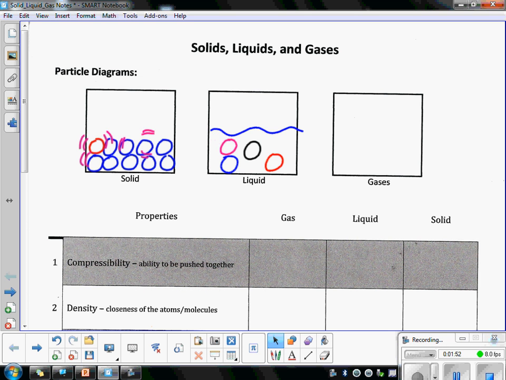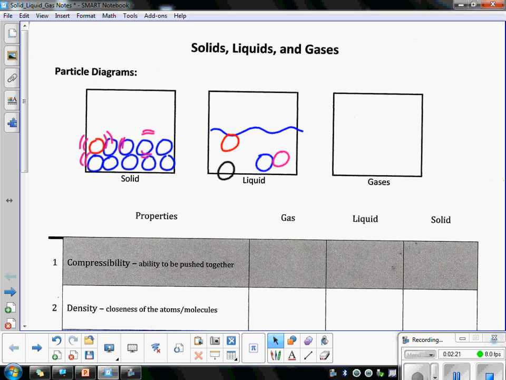Now this particle can move and this one's moving, so they're able to move within that substance because of the spacing of the particles. Because these are allowed to move, the shape of the liquid can change. It can spread out or it can take the shape of a container because these particles can move around and take up a different space.